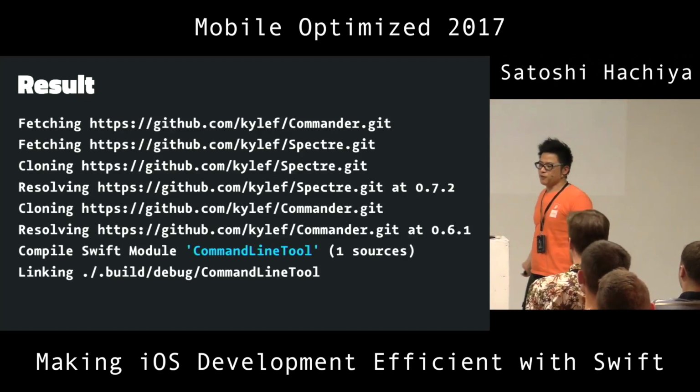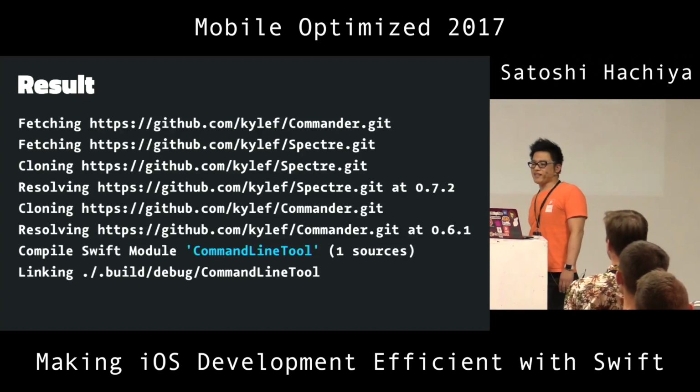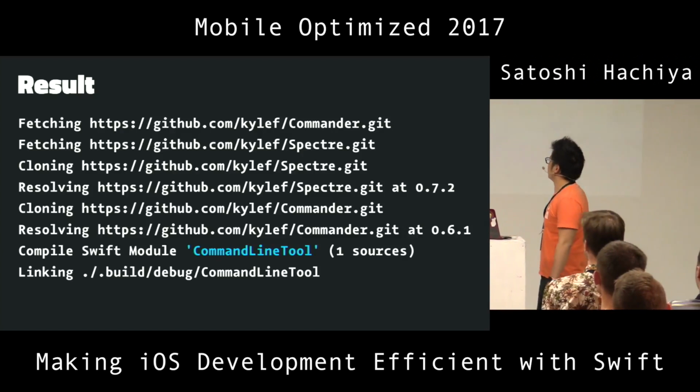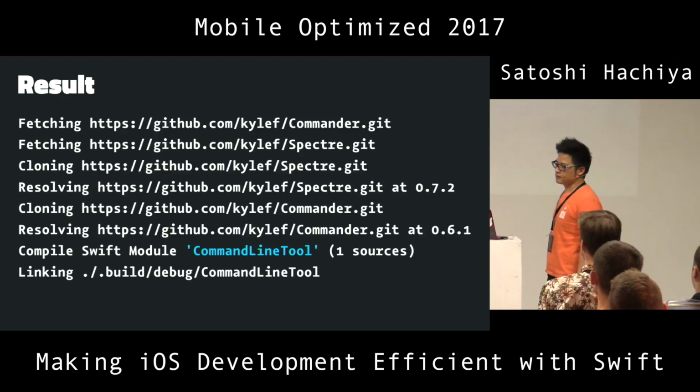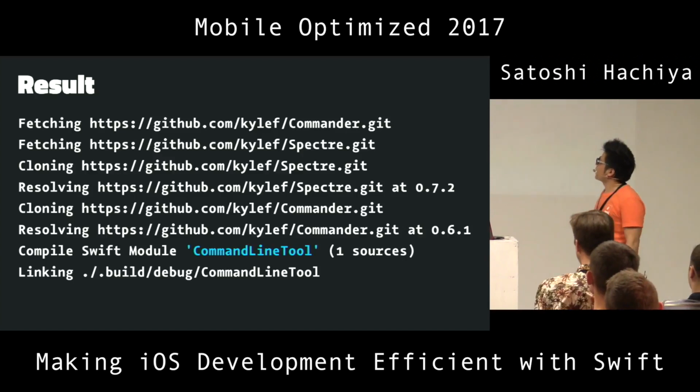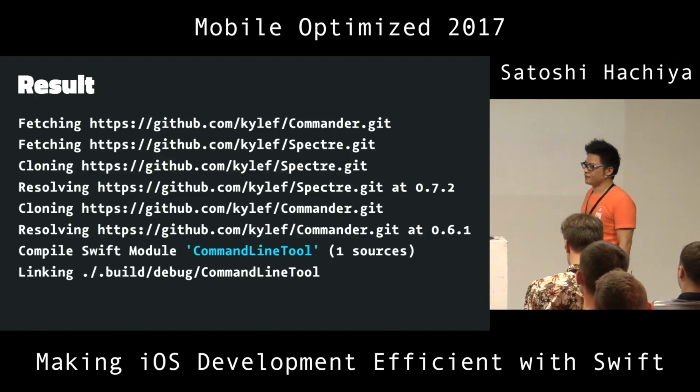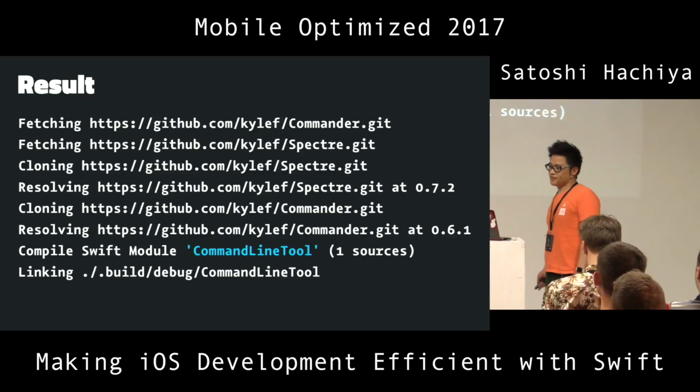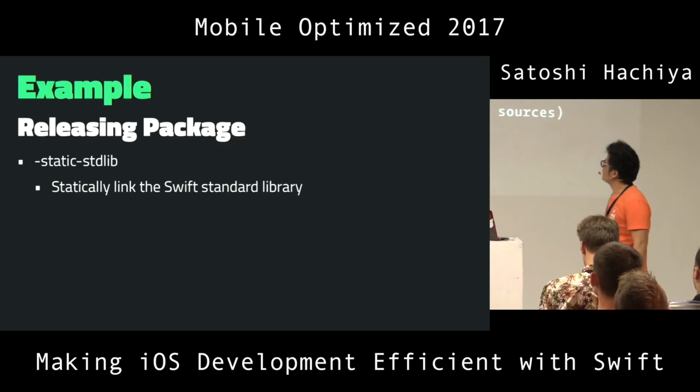The next example is building a package with dependencies. Typing swift build, then the Swift Package Manager starts fetching dependencies.